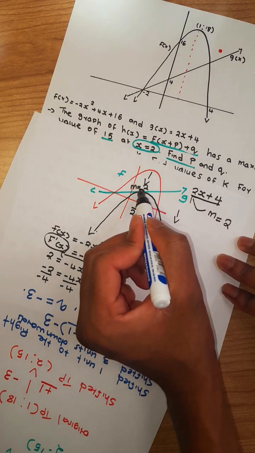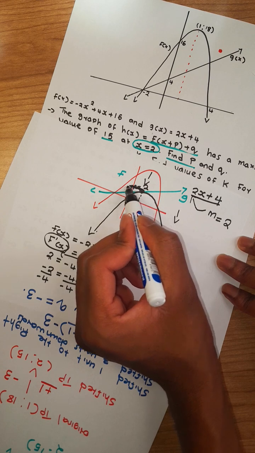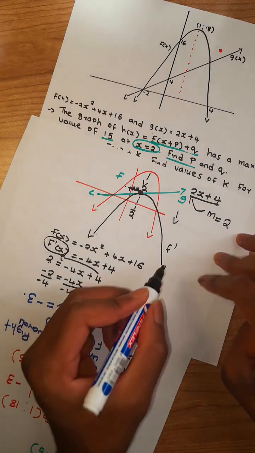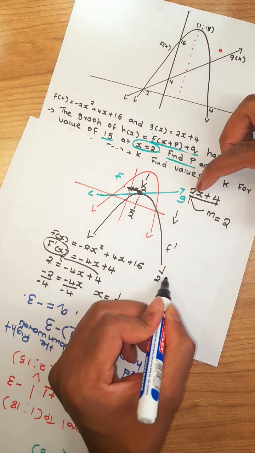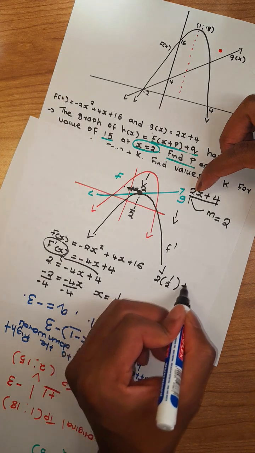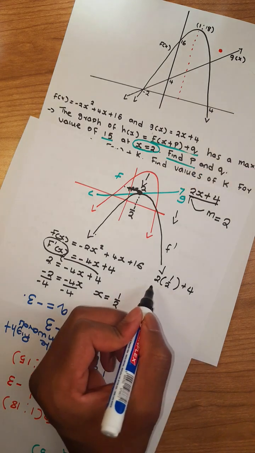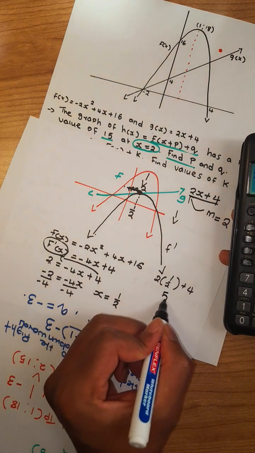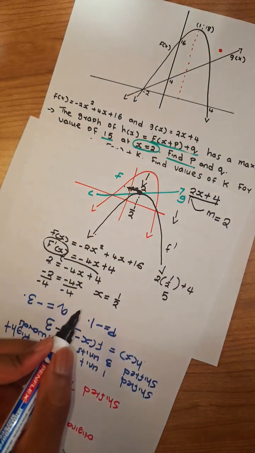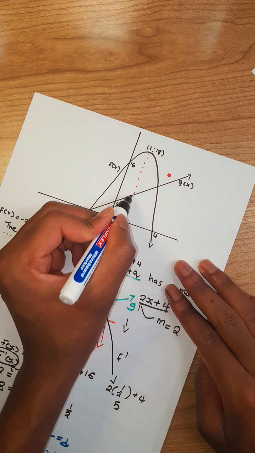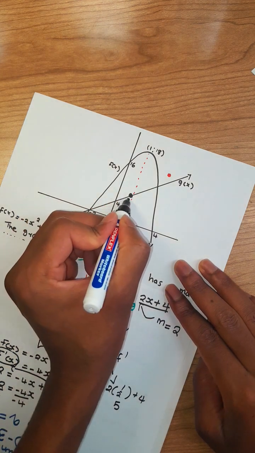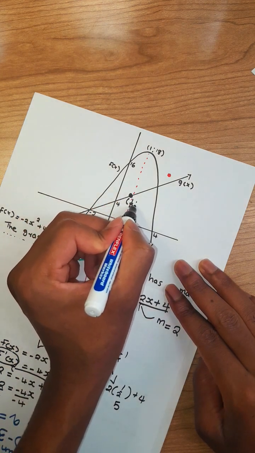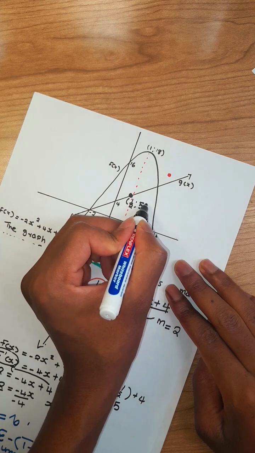We can find the y value over here. If I substitute 1 over 2, what value do I get? You realize that you're going to have 2 multiplied by half plus 4, you get 5. It means that this point, somewhere here, is going to be 1 over 2 and 5.